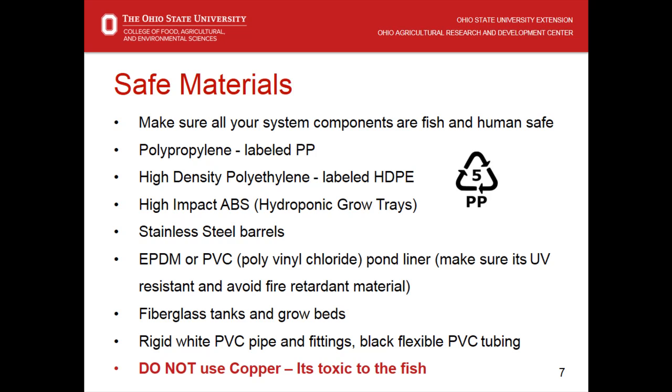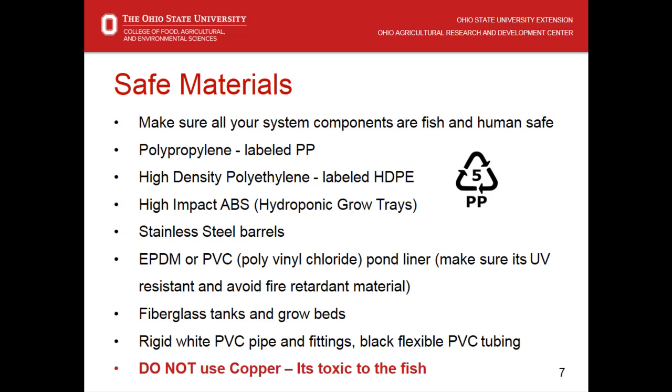Copper is extremely toxic to fish, so you definitely don't want to use anything like that. You want to make sure your system components are not only fish safe but human safe, because two aspects of this may eventually be consumed, and you don't want to put anyone's health at risk.